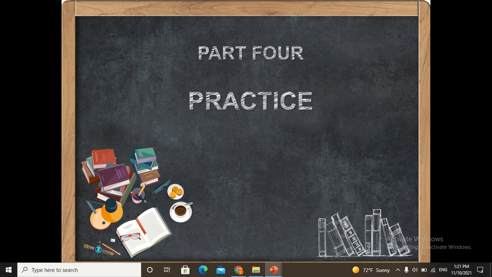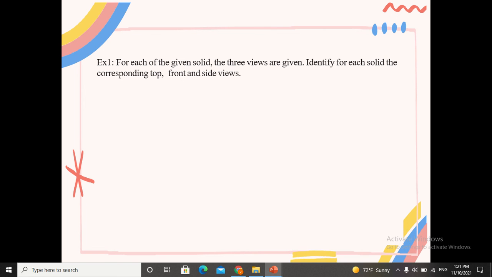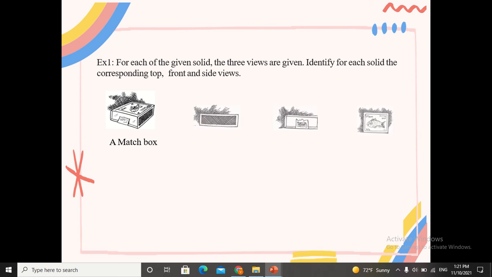Part 4. Practice. Exercise 1. For each of the given solids, the three views are given. Identify for each solid the corresponding top, front, and side view. This is a matchbox.